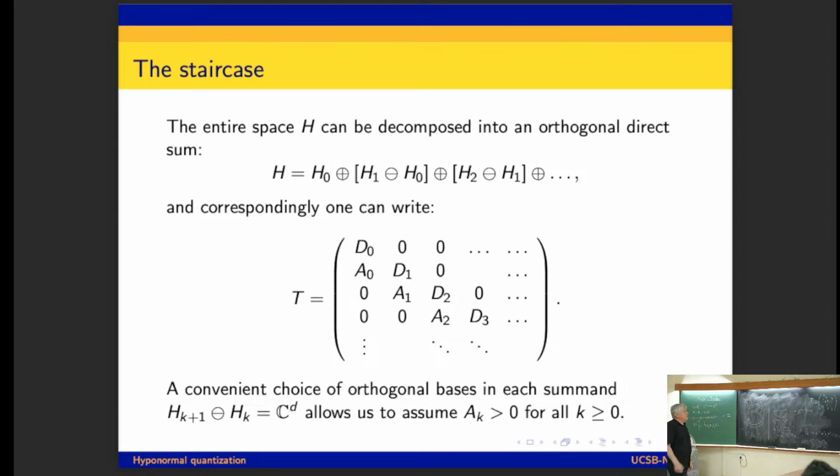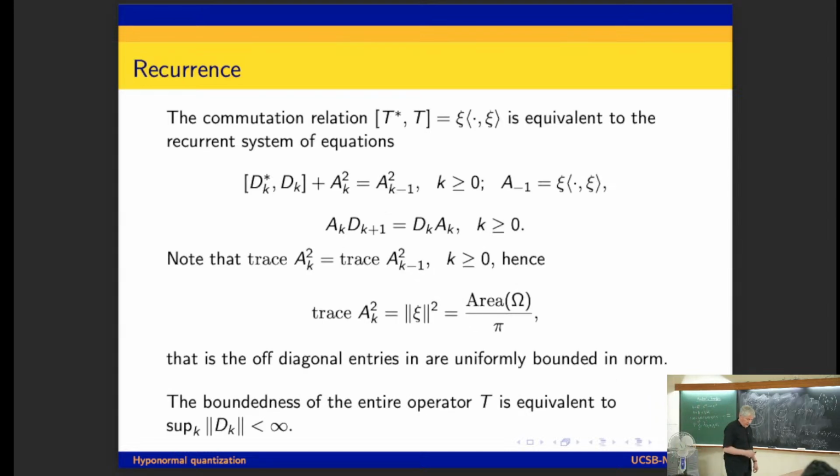And there is a simple recurrence relation which reflects the fact that the self-commutator is rank 1. It's just the vector in the upper left corner. So you write this, and you have exactly these conditions. But that's interesting because it means that these are finite matrices. The trace of A_k is the same as the trace of the previous one.